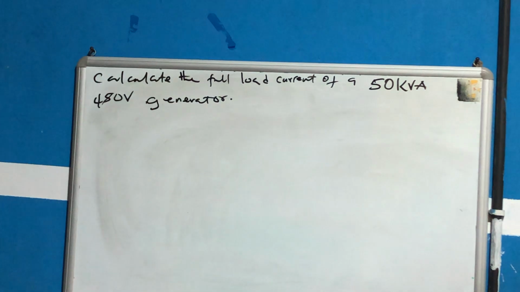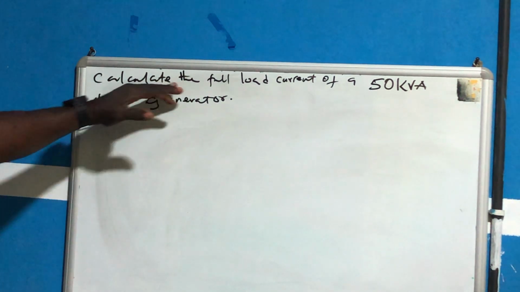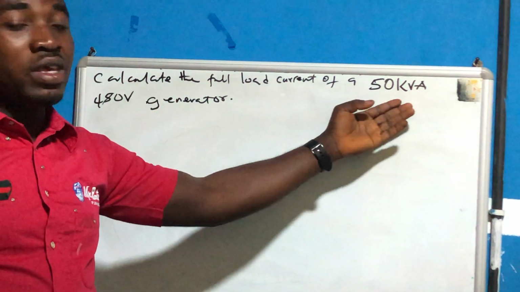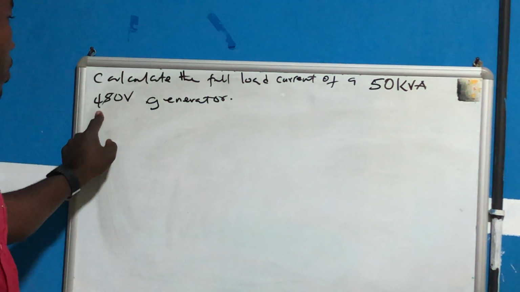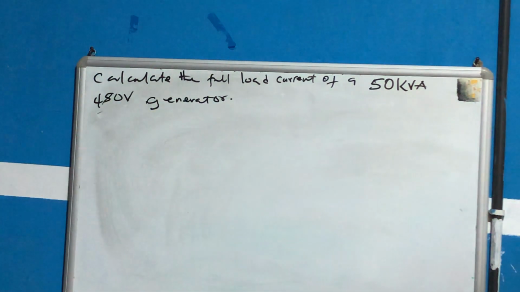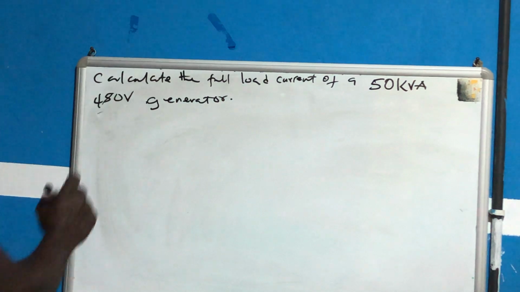This is the question we are being asked to solve. Calculate the full load current of a 50 kVA, 480 volt generator. So let's quote the formula.